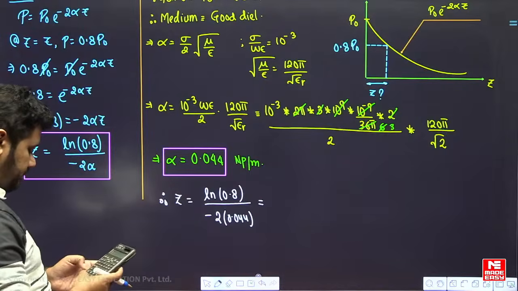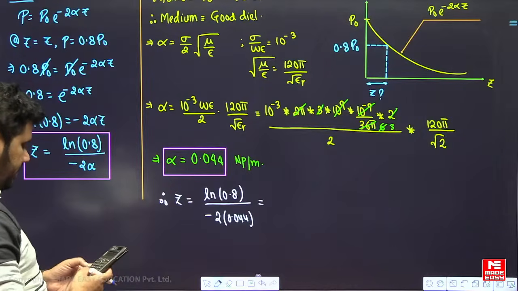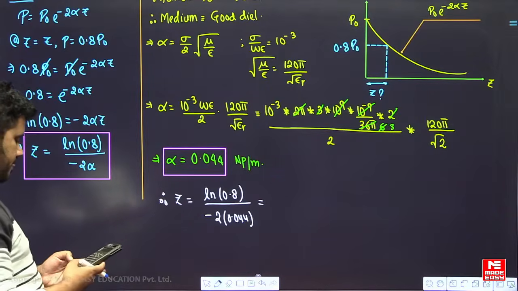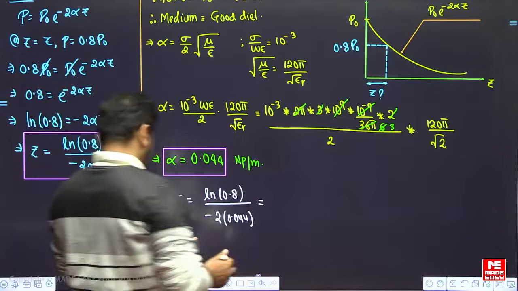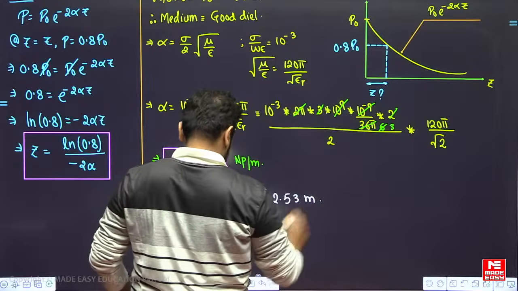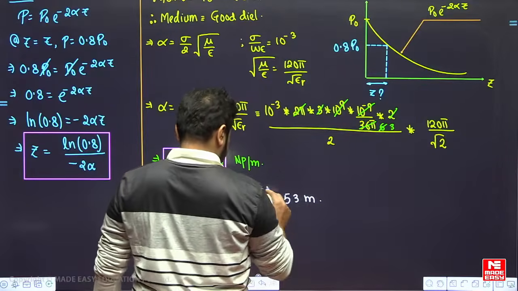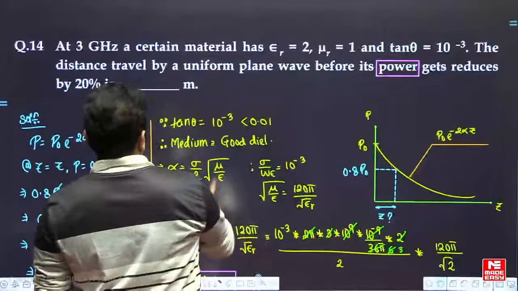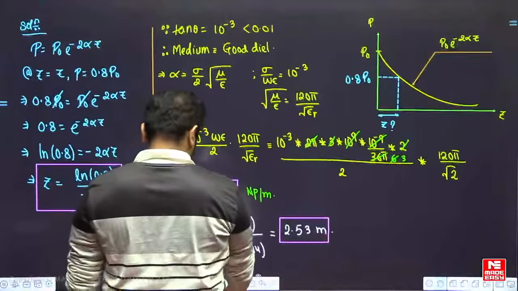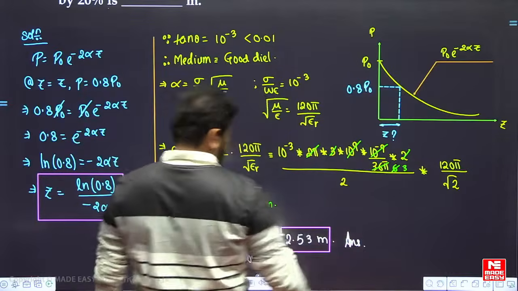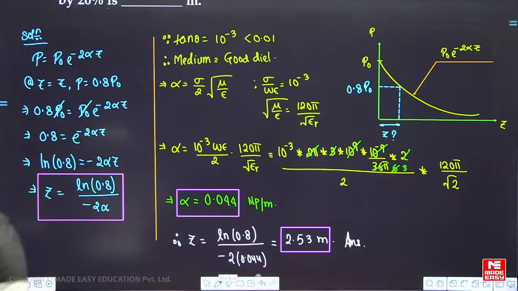So this is ln 0.8 divided by minus 2 into 0.044, which is 2.53 meter. So they are asking meter or centimeter? Meter. So 2.53 is the correct answer. Are you getting the same? 2.53 is the correct answer.